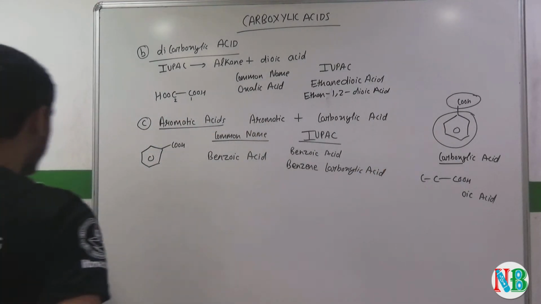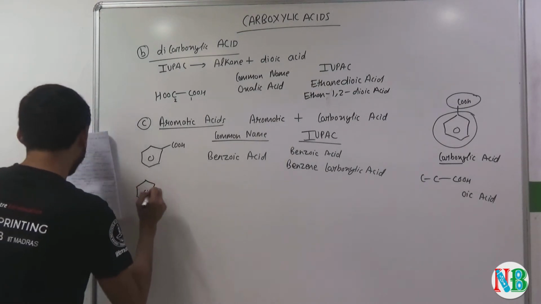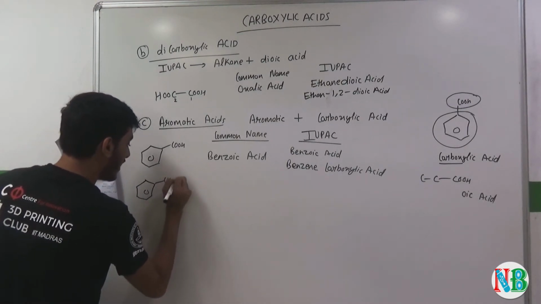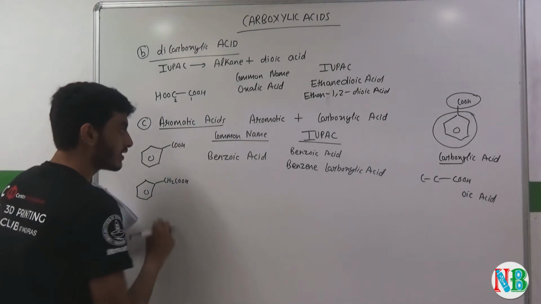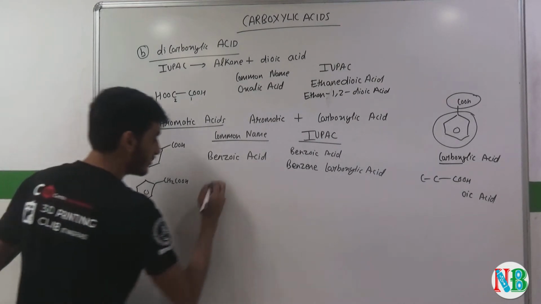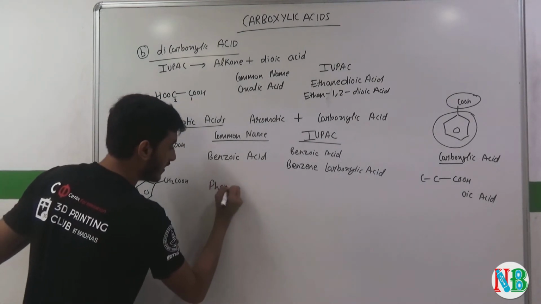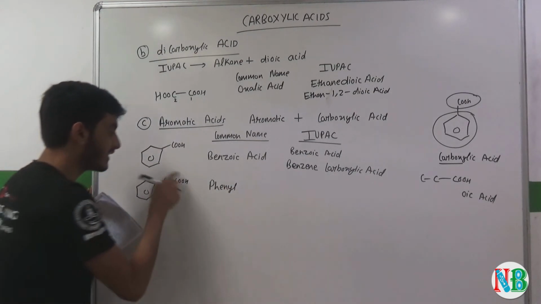Okay. If I take one more example under this section, suppose you have a ring, then a CH2 and a COOH group. Now this acid has a name of phenyl acetic acid. Phenyl, this is a phenyl ring, and it's an acetic acid.